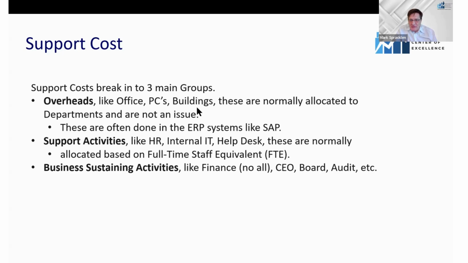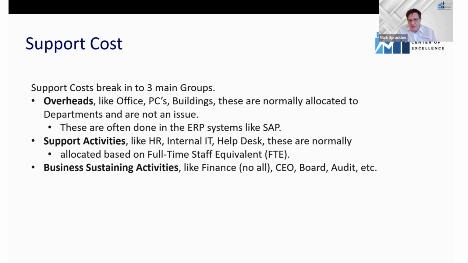These are where the models often go wrong. So you've got support activities like HR and the internal help desk, that sort of thing. Now, these are activities that are done to support you doing your job. And the driver for those is normally just simply the number of headcount.